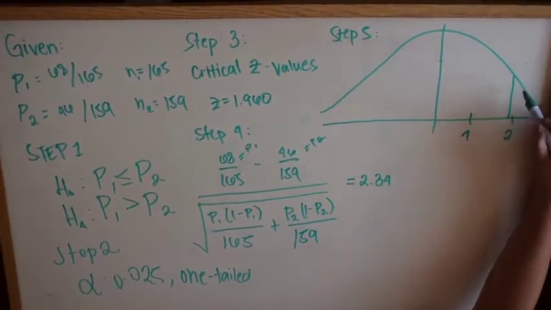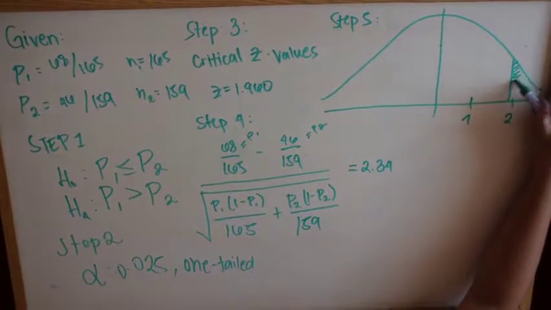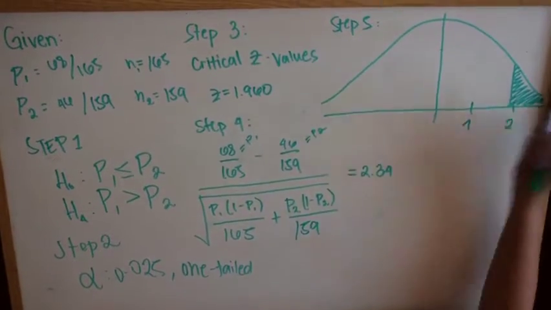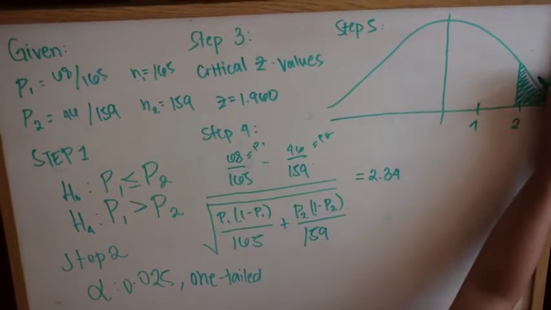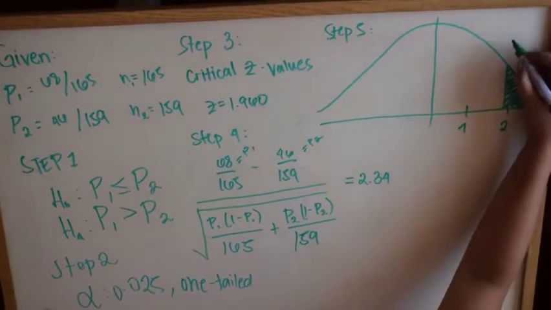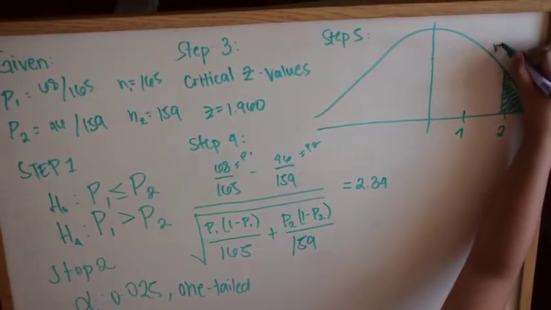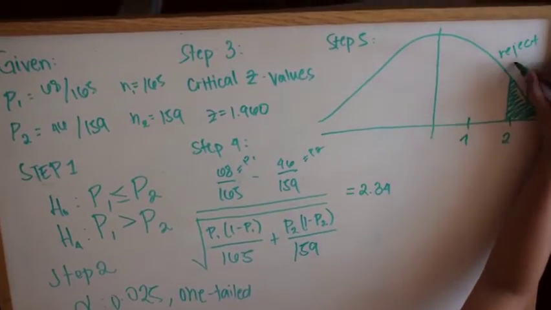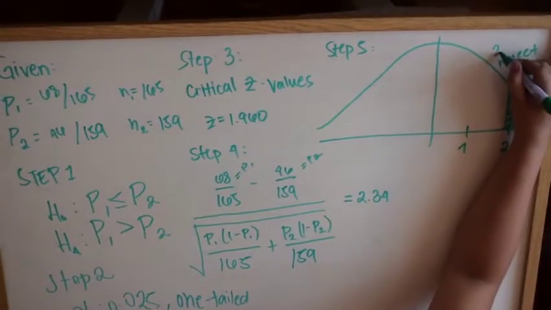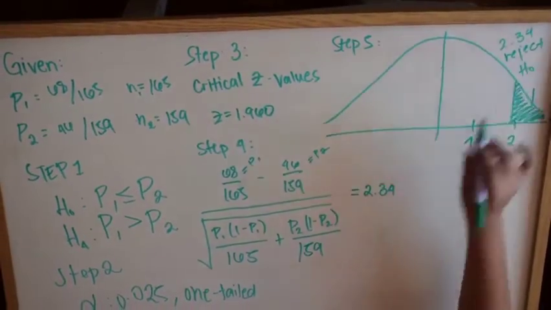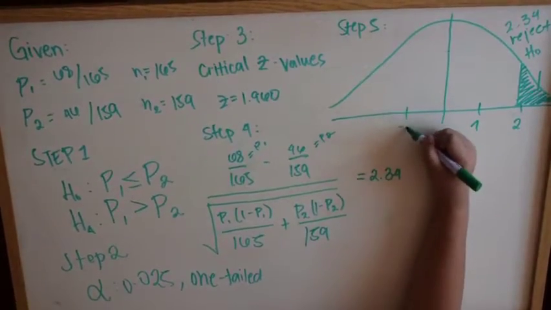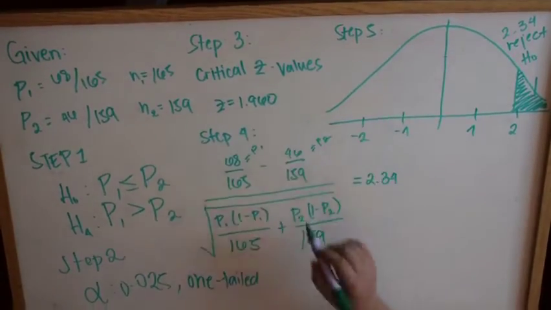We will shade this region so that we will be reminded that if the z-score exceeds this, it will be rejected. And since our z-score is 2.34 and exceeds 1.960, we will reject H0. It's farther than 1.960.